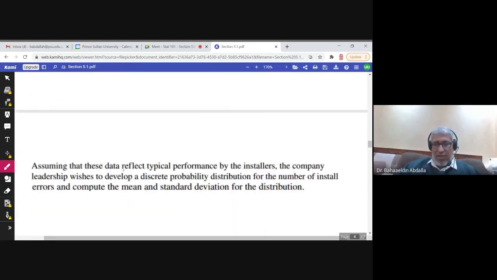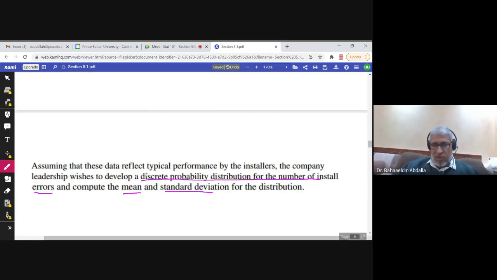Assuming that this data reflect typical performance by the installers, the company leadership wishes to develop a discrete probability distribution for the number of errors, and compute the mean and the standard deviation for the distribution.